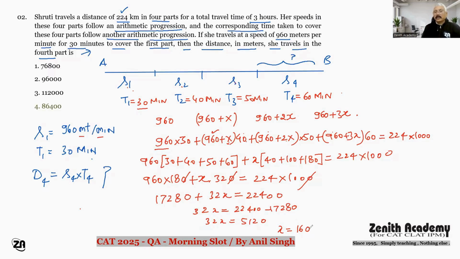Now X is 160. So the fourth part S4 will be 960 plus 3X, 3 into 160. So this S4 is 960 plus 480, that is 1440.